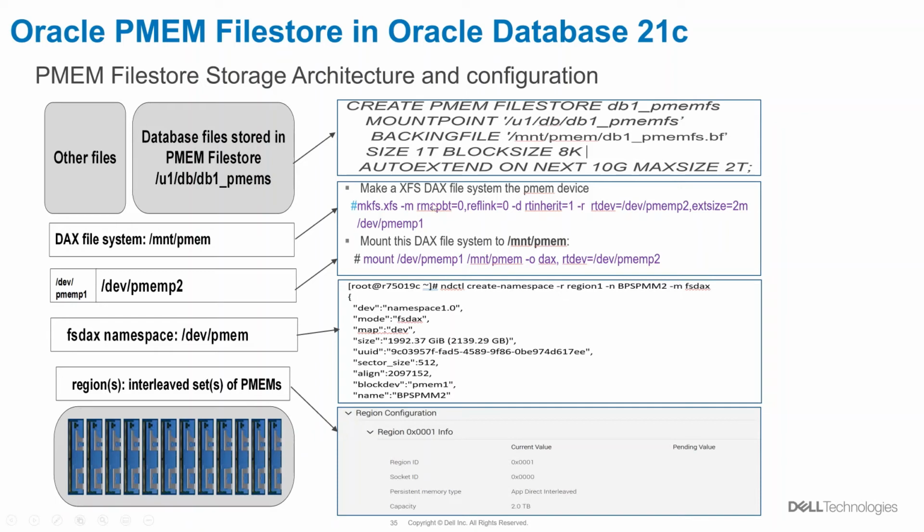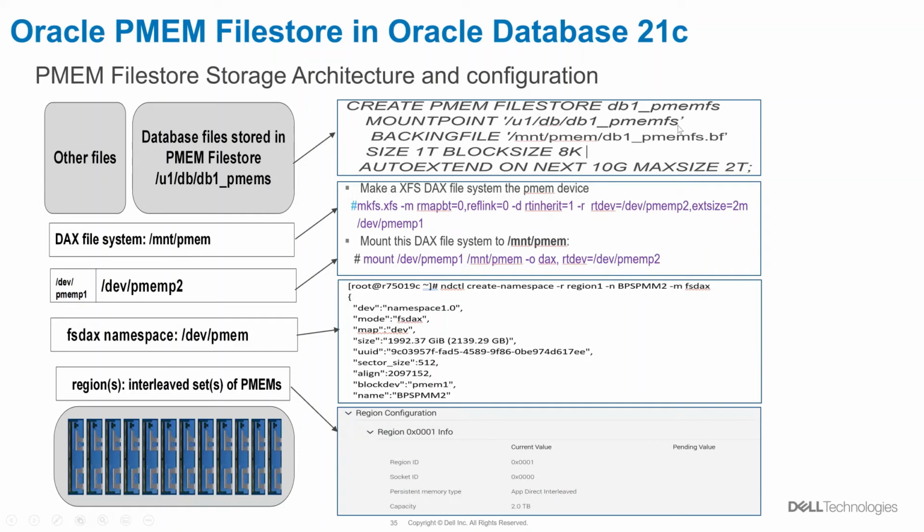Then on top of the DAX file system, you create this PMem file store. The PMem file store mount point is the mount point of the file system where you can store data files. So remember this u01/DB/DB1_PMem.